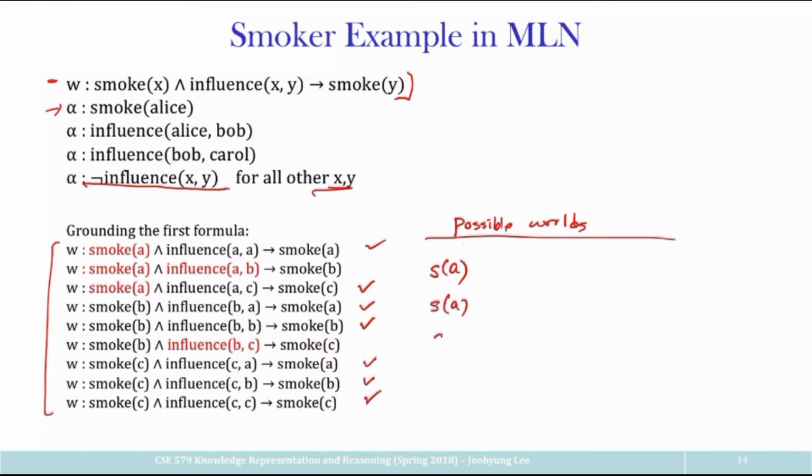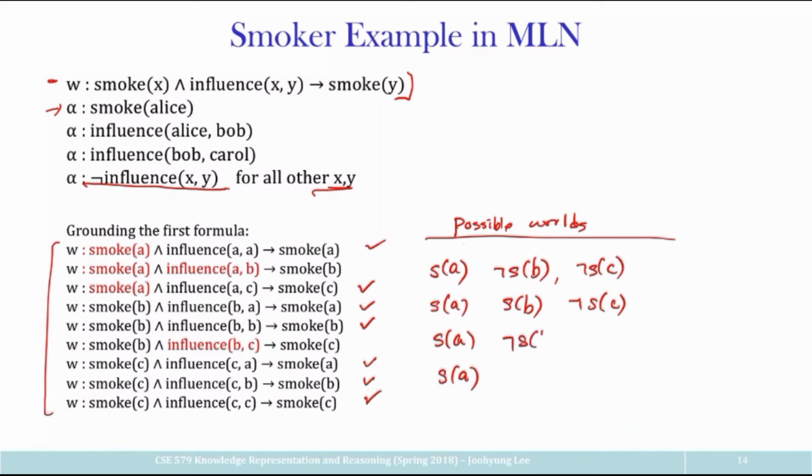In all 4 possibilities, Alice is a smoker. In one, Bob is not a smoker and Carol is not a smoker. In another, Bob is a smoker and Carol is not a smoker.